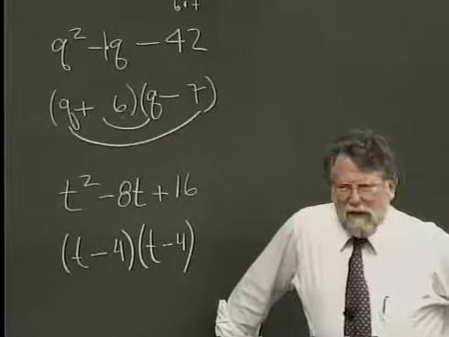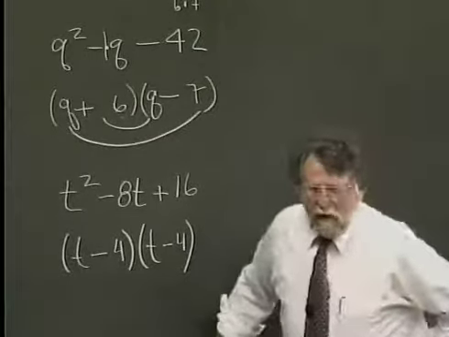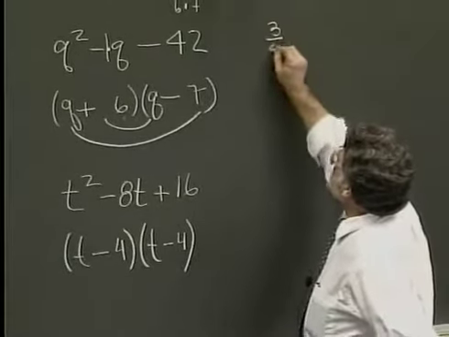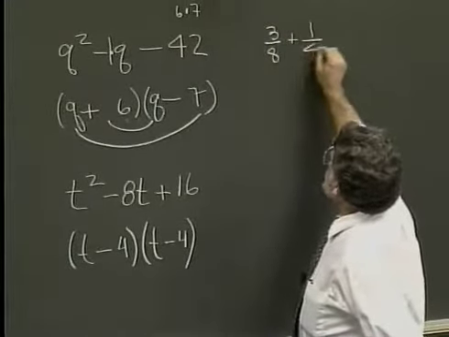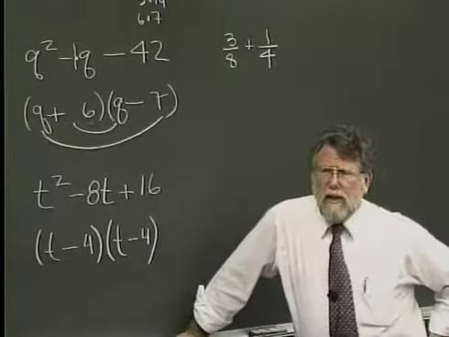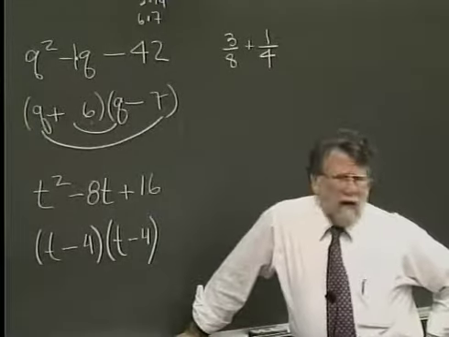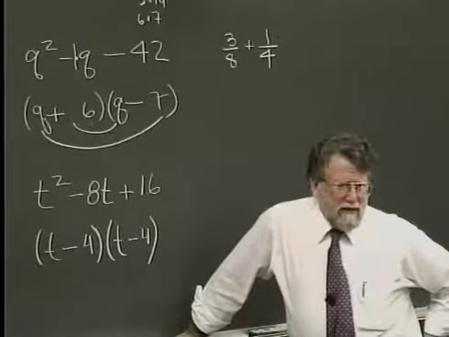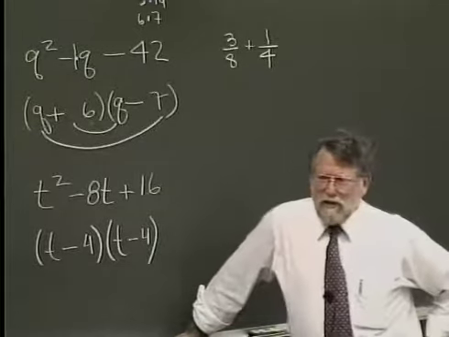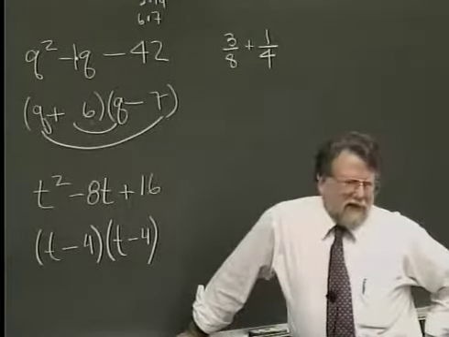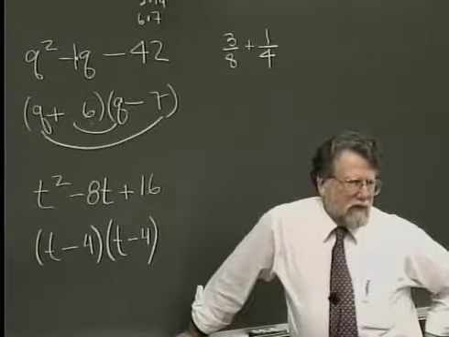So let me give you a different kind of problem for a moment. And you may say, my God, where is he pulling this one from? 3/8 and 1/4. Just if you were to add those, you need a common denominator, correct? But one of the classic guidelines you give to students when they're first working with problems like this, just check to see if one of the denominators works for both.